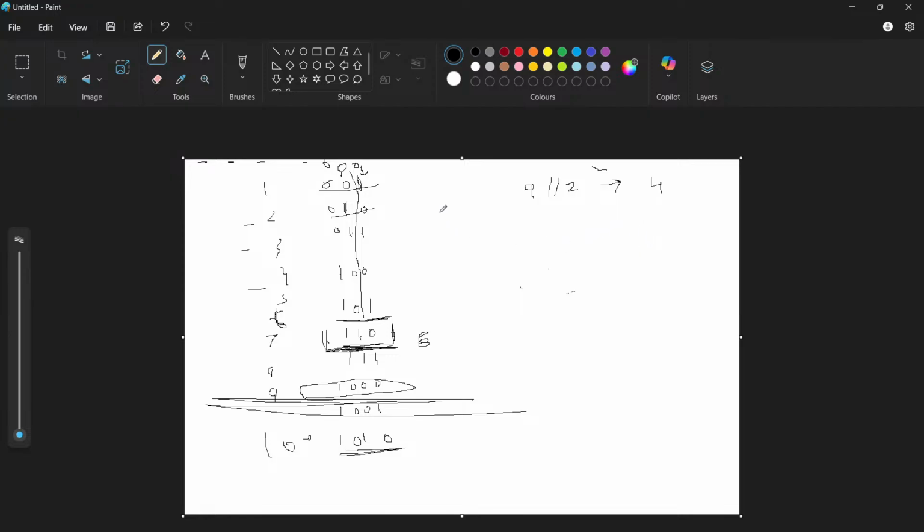For this also it's 4. How? Is it 9 divided by? It's still divided by 2. But here it's 2 3 4. But here we have one extra.